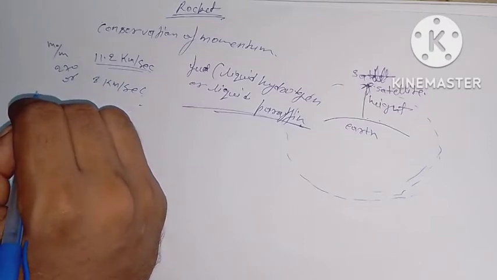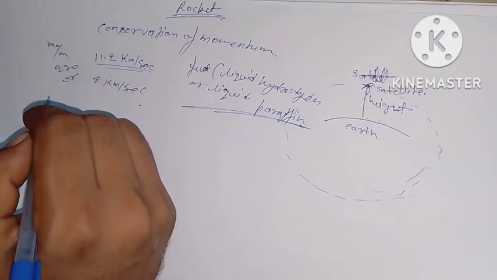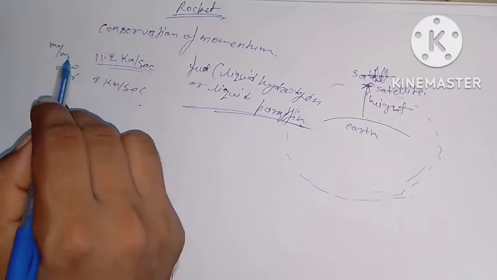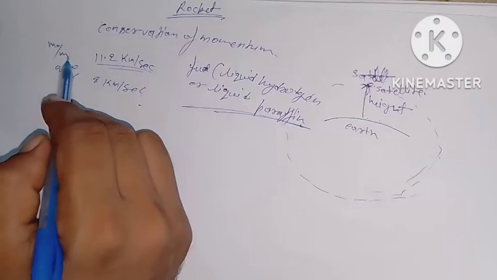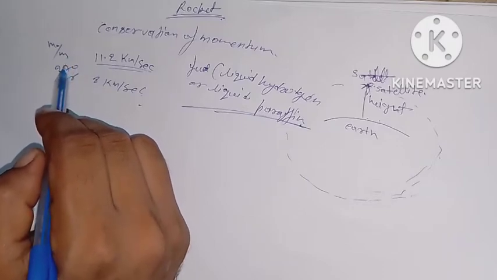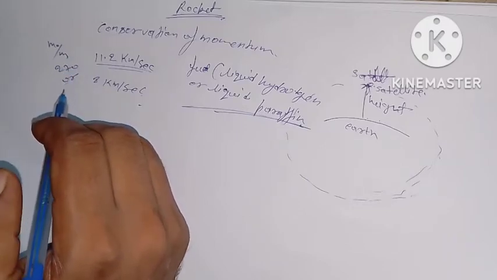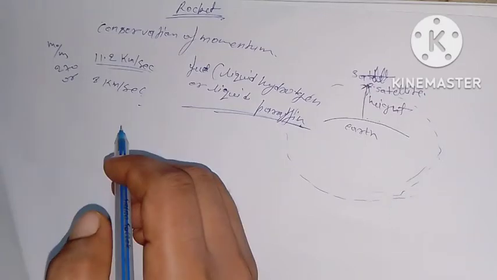Here, capital M is the initial mass of the rocket, and small m is that after time t. In either case, the rocket has to encounter and overcome the resistance of air.